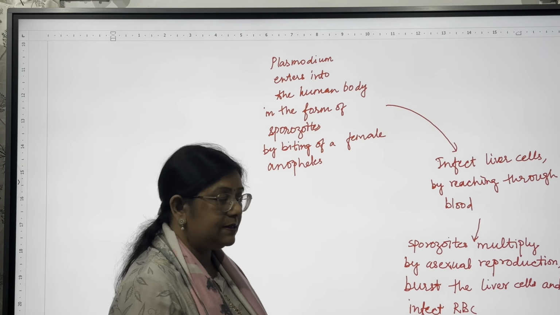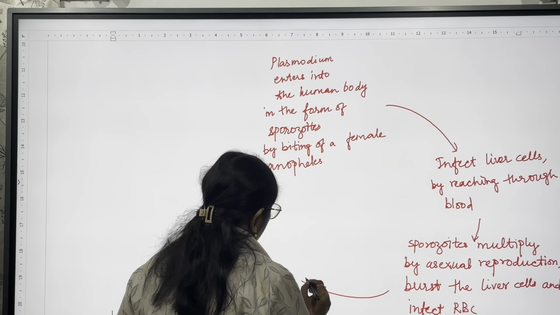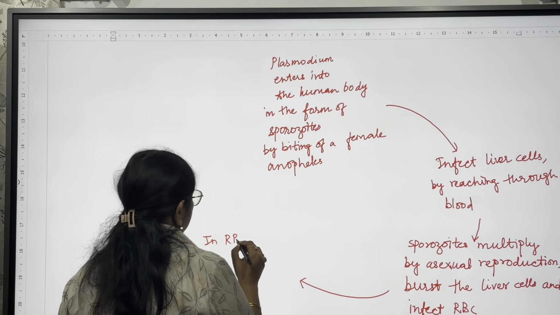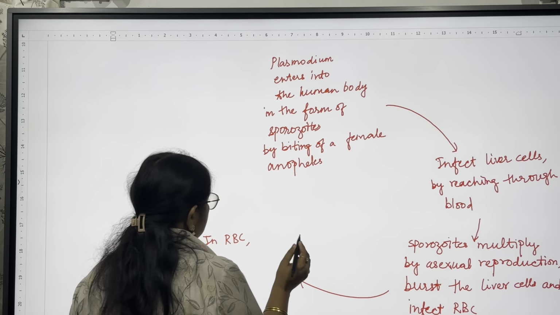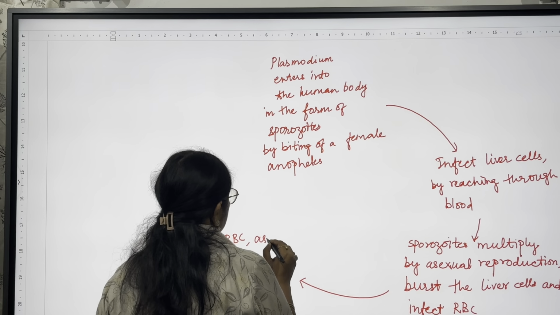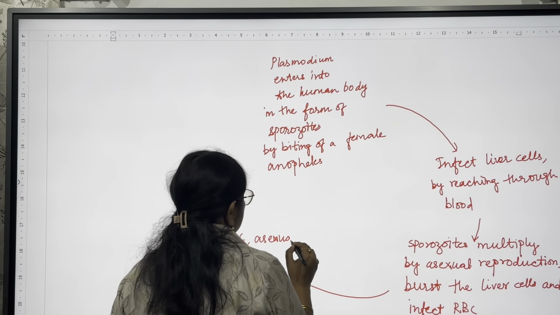Then what happens inside the RBC? In RBC, these cells of Plasmodium further multiply and asexual reproduction takes place.